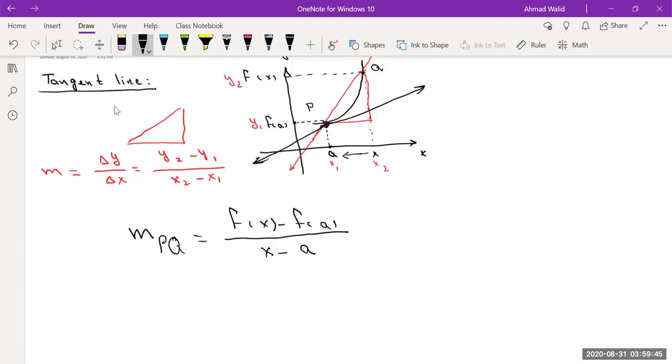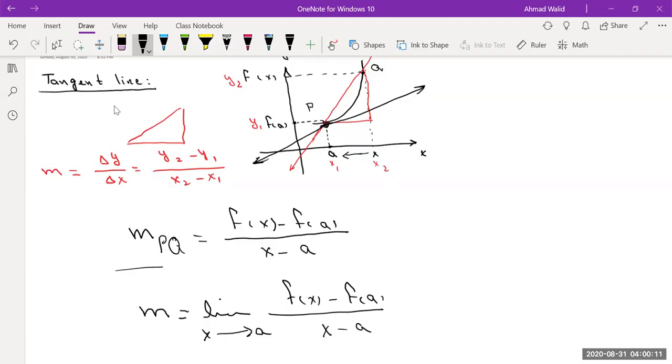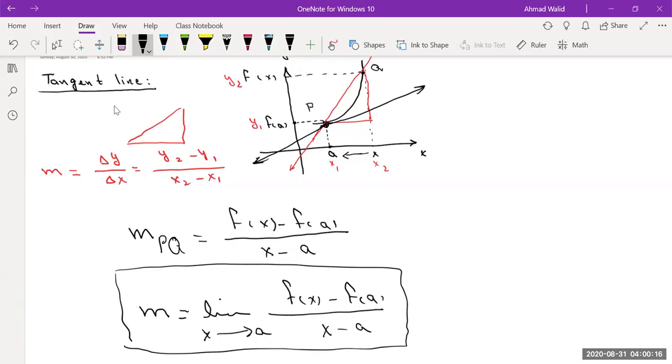Then, if I want to talk about the slope of the tangent line, I can write this formula for you. M equals the limit as X approaches A of f of X minus f of A over X minus A. That will be the formula to find the slope of a tangent line at a given point.